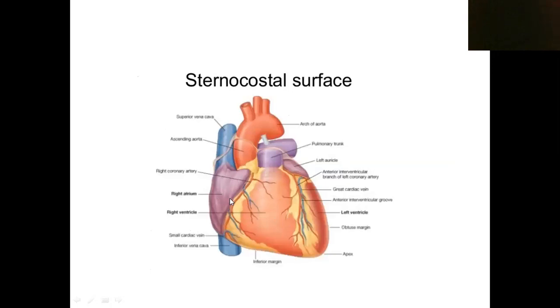No doubt, here we can see the right atrium. So the right atrium is there, right ventricle is there, left ventricle is there, then the left auricle is there. So this surface is the anterior surface or the sternocostal surface.